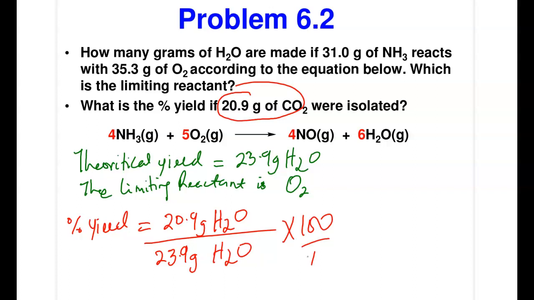Of course, everything cancels, and the answer will give you 87.4. Not grams, percent. 87.4 percent of water was generated in this experiment. And what that simply means is that some things were lost. So this becomes the percentage yield.